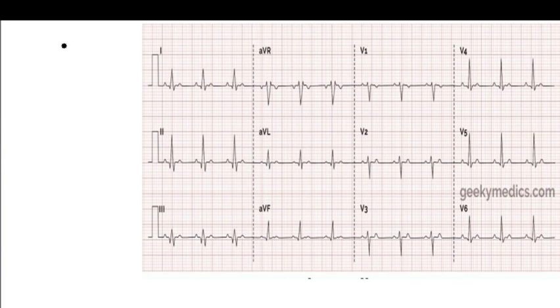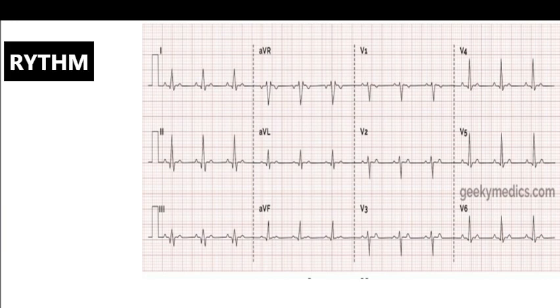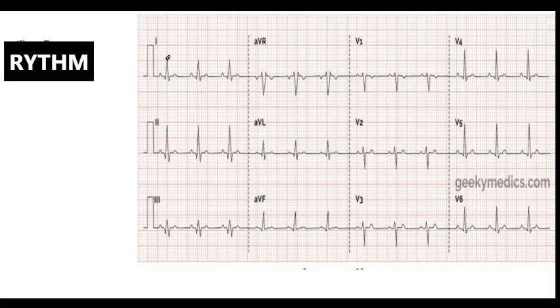In an ECG, the first thing that we need to identify is the rhythm. What does rhythm mean? If you take the R wave here, this is Q, this is R wave, and here is another R wave. The distance between these R waves should be equal in all other leads as well.